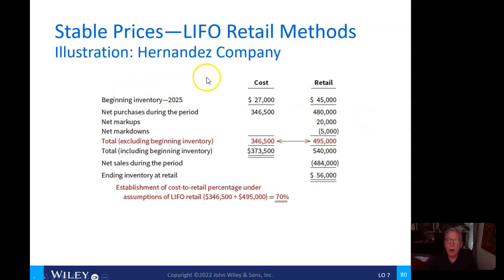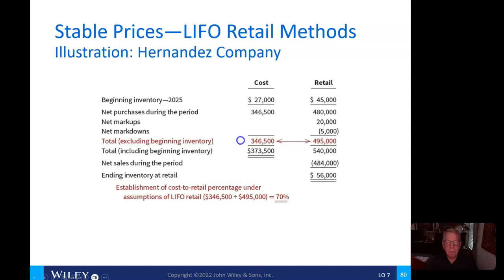So, the Hernandez Company. Let's take a look at that illustration. Here's our costs. We have 27,000 beginning inventory and retail for 45,000. We purchased $346,500 worth in the period, and that's going to be the total, excluding beginning inventory.